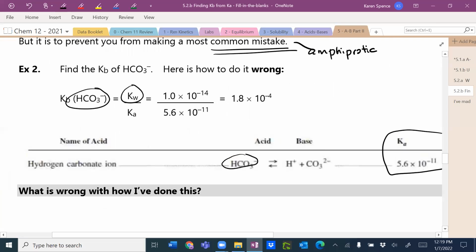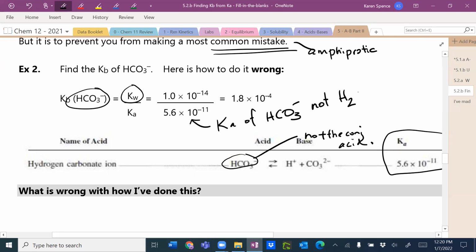What have I done wrong? HCO3 is not the conjugate acid. Yes, okay. HCO3 is not conjugate acid. So this is the Ka of HCO3, not H2CO3.